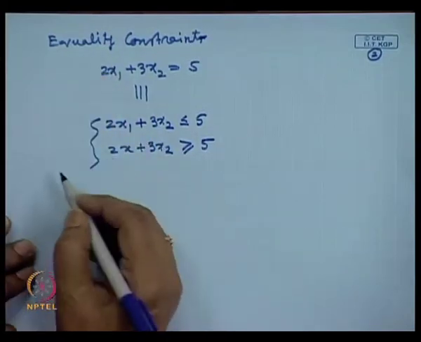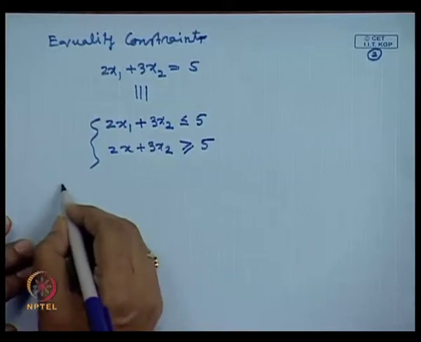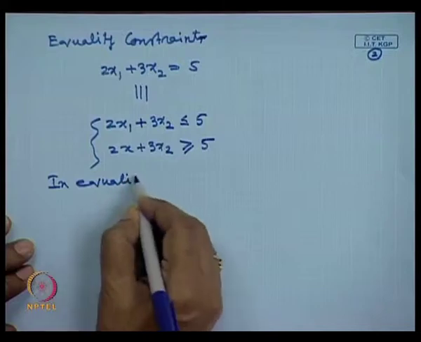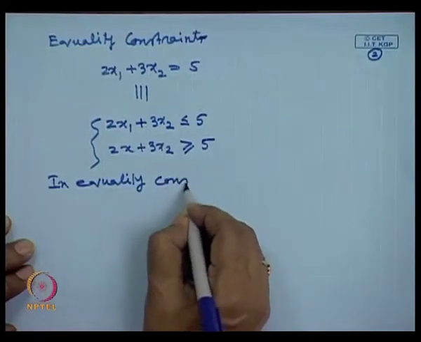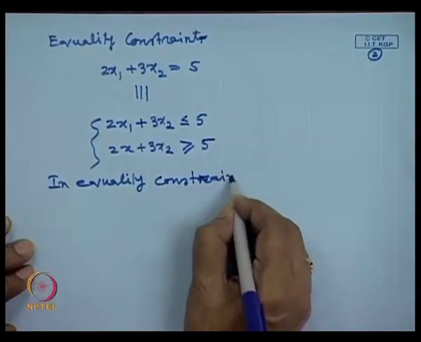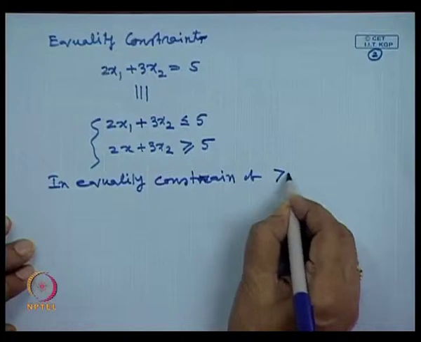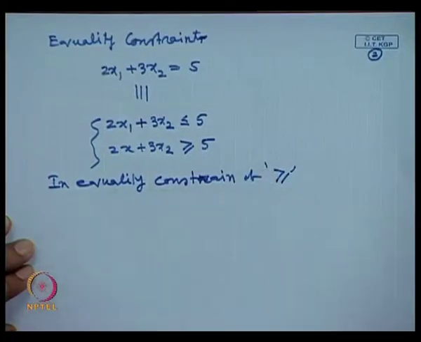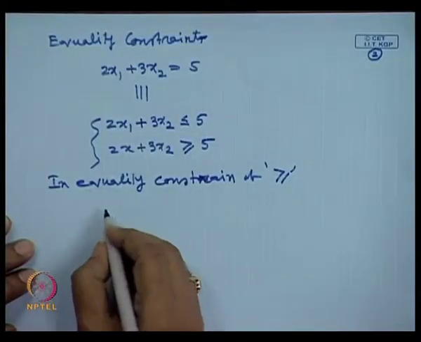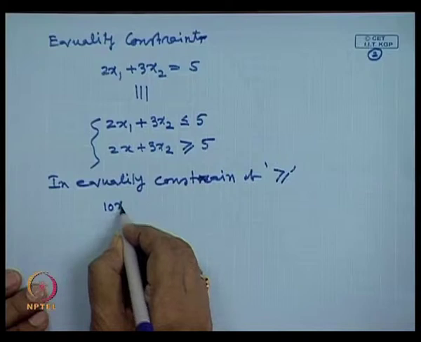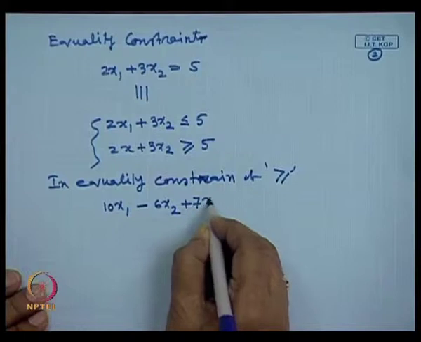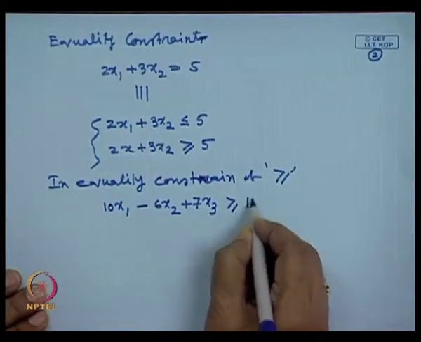Or if you have an inequality constraint of the other type, how do we convert it into a standard primal problem? Suppose you have 10x1 minus 6x2 plus 7x3 greater than or equal to 12.